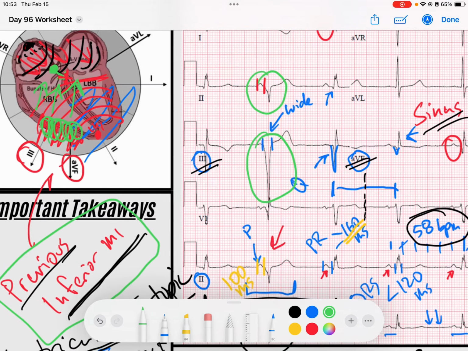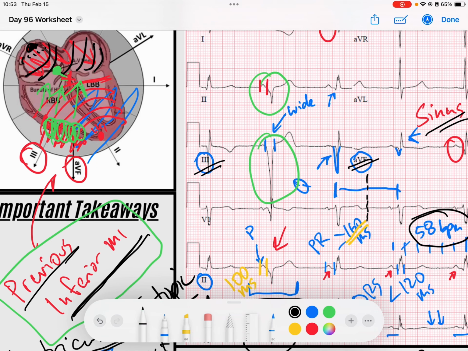So what you want to be really cautious about is if the scar tissue that was formed by this previous MI, this is pro-arrhythmic. These are very pro-arrhythmic.